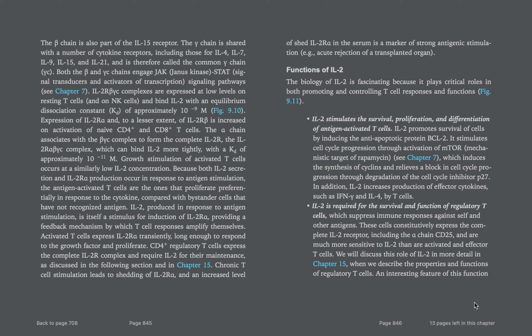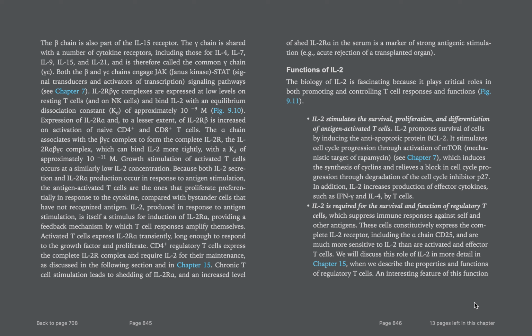Because both interleukin-2 secretion and interleukin-2 receptor production occur in response to antigen stimulation, the antigen-activated T cells are the ones that proliferate preferentially in response to the cytokine, compared with bystander cells that have not recognized the antigen. Interleukin-2 produced in response to antigen stimulation is itself a stimulant of induction of the interleukin-2 receptor, providing a feedback mechanism by which T cell responses amplify themselves.